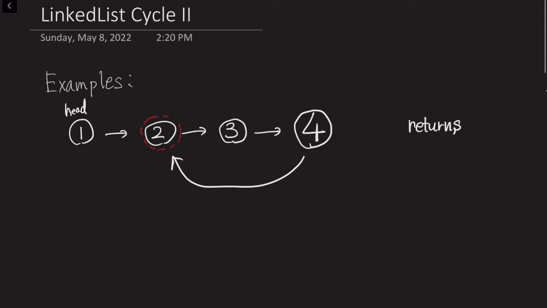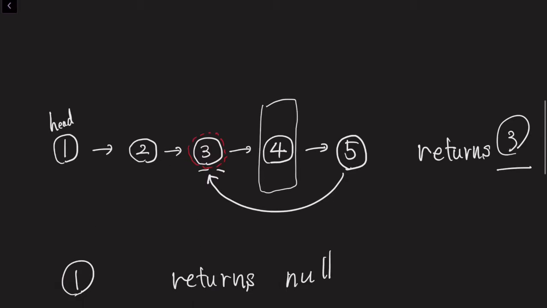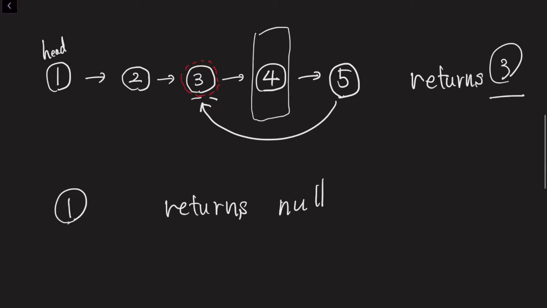In this example, it should return 2 because there is an intersection, and we will return the node at the intersection. And in this next example, it should return 3 because that's where the intersection is.